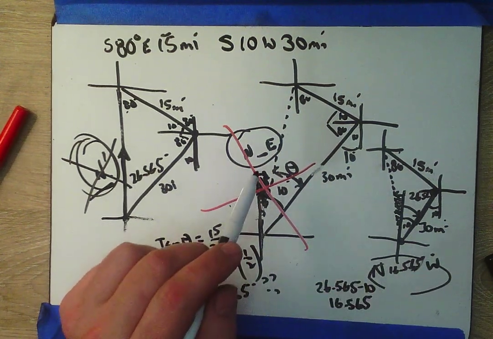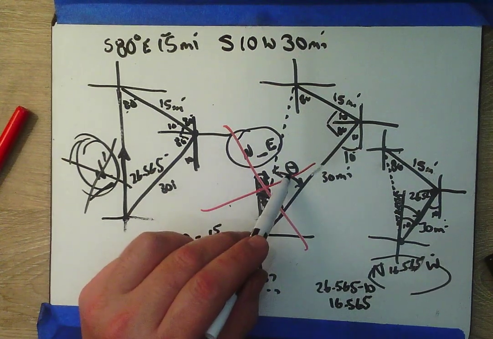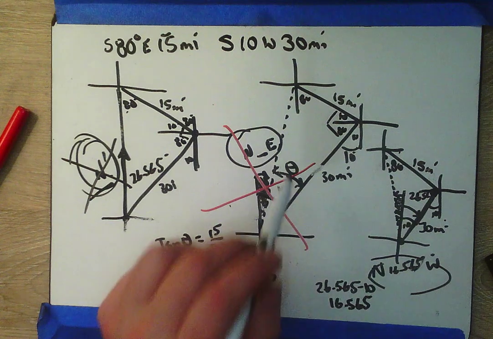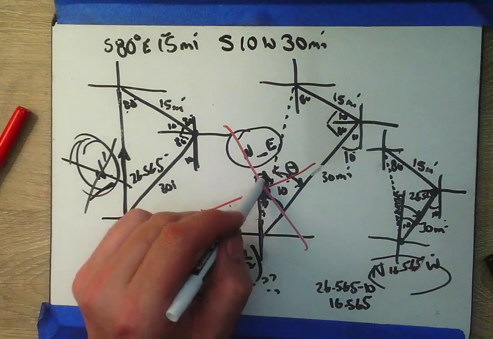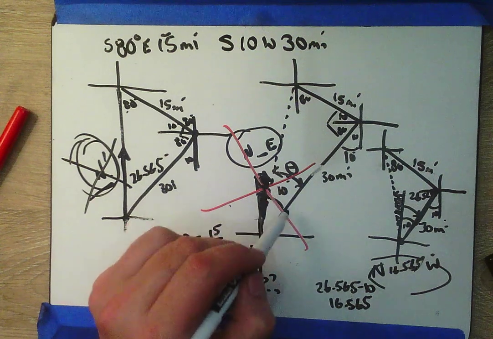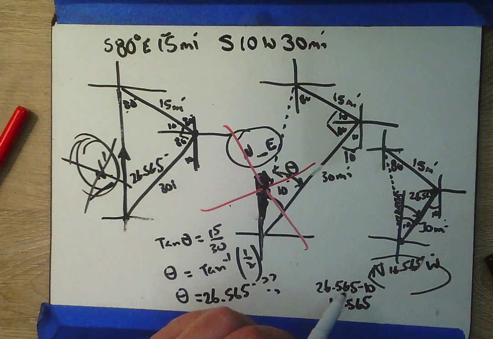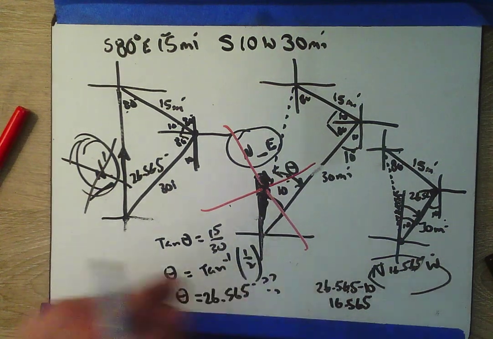So when you find that theta, you need to pay attention to whether theta plus the 10 degree angle, or theta minus the 10 degree angle, is the right one. And that will help us figure this out.